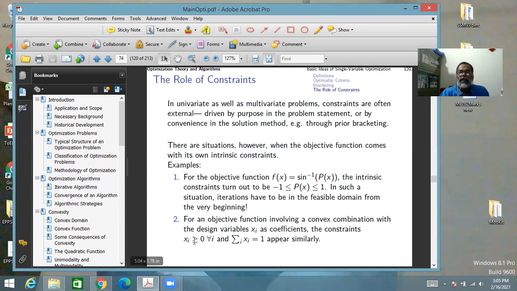Then these constraints appear as part of the description of the objective function. So these constraints you cannot do away with. Each of the coefficients has to be non-negative and their sum has to be 1. So that is the condition of convex combination. Such situations arise and you have to recognize them.